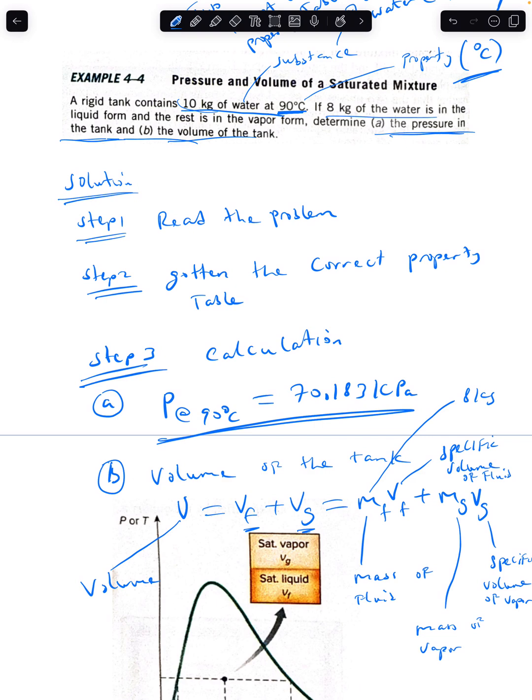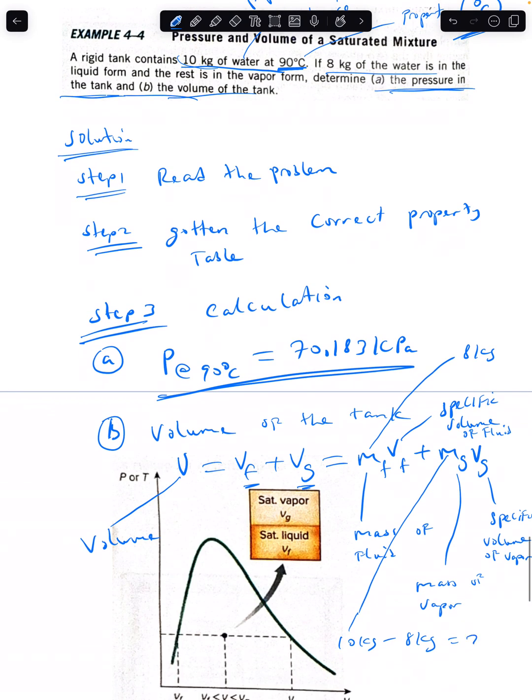If it contained water originally at 10 kilograms and the water ends up being 8 kilograms liquid, then what is the mass of vapor? The mass of vapor now is 10 kilogram minus 8 kilogram. So we are going to have 2 kilogram. Vapor is what evaporates. Vapor occurs due to the evaporation process. So that is what happened at the end of the process.